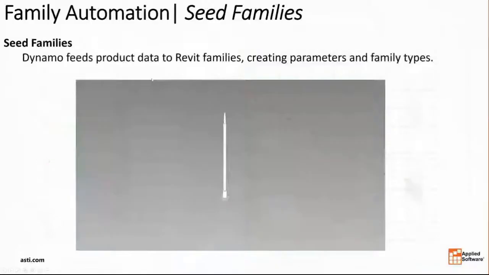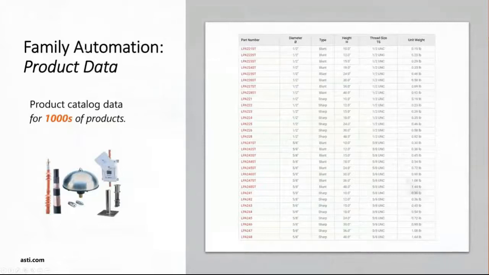And the idea here is that we had all this product data and we needed to convert it from just abstract data into real parametric Revit geometry that would flex and change based on this.